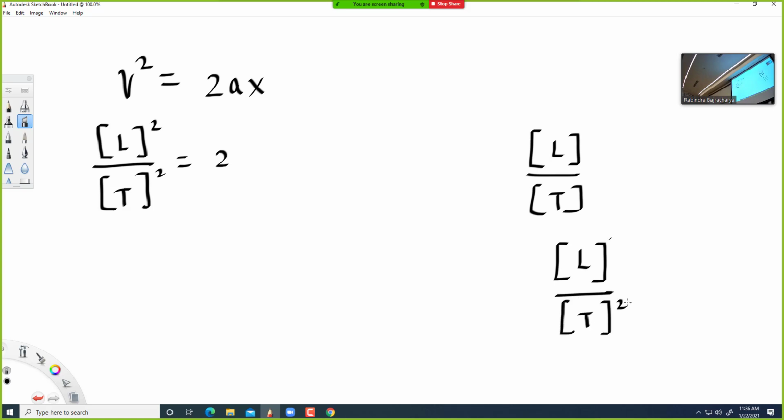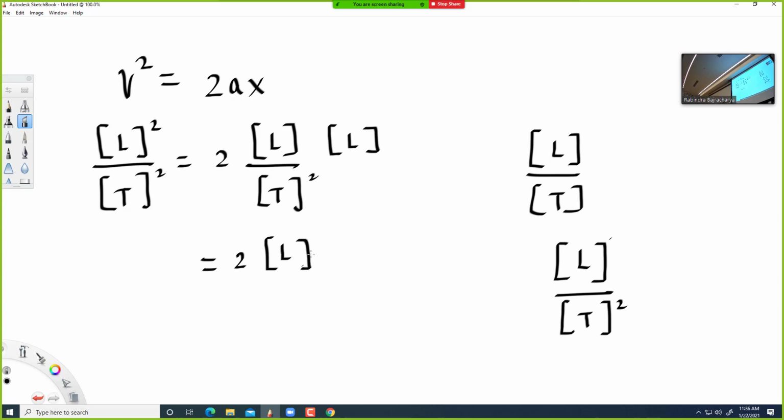That's what we've got in the previous discussion. So a is L over t squared, and x is just the position, it's kind of a length. So length is L, so that means 2 L, and L is L squared, and T is T squared. So we have L squared over T squared on the left, L squared over T squared on the right.